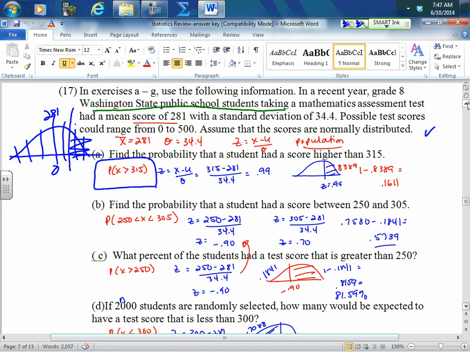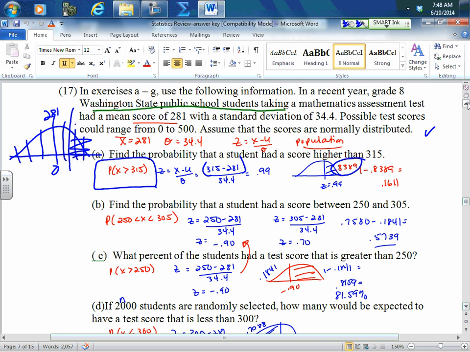So when you look this up, if your z-score gives you an area greater than 50, you might want to subtract it from 1. It's a good view to look at. So greater than, all the area you look up is area on the left. Again, guys, watch your parentheses.